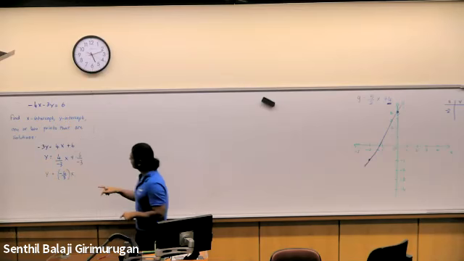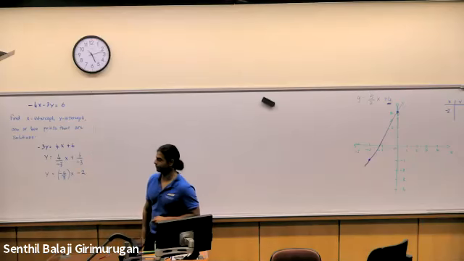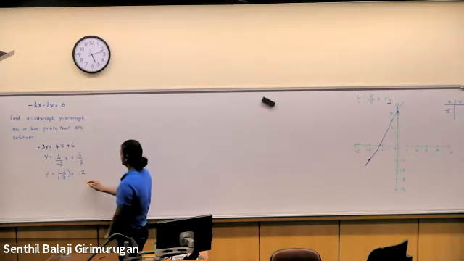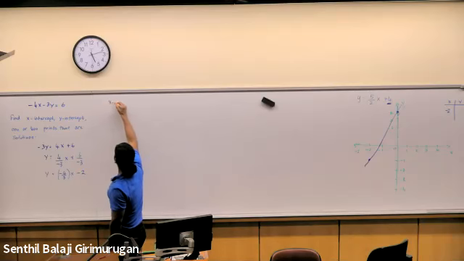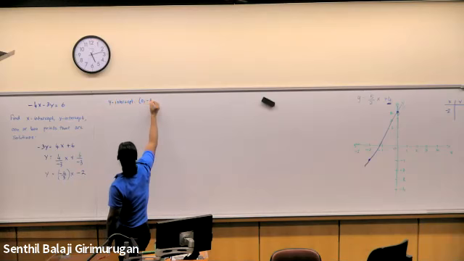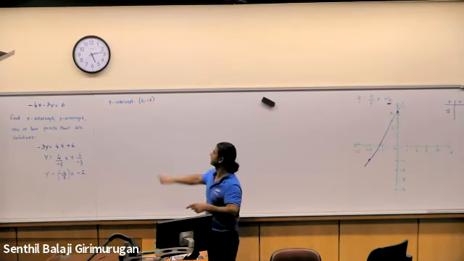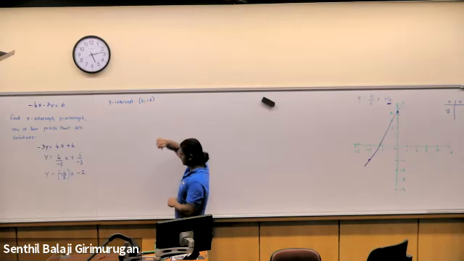So -4 over 3 x, 6 over -3 is -2. Good. Just by looking at it, I know that is the y-intercept. X is 0 when you are at the y-intercept, so it is 0, -2.